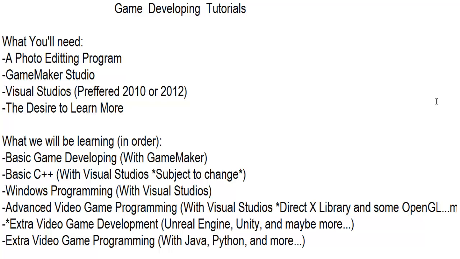With these game development tutorials, first, you're going to need a photo editing program. If you don't want to pay any money, or you don't know how to get things for free, then I would recommend GIMP. I'll put that in the description, and it's a very good program. It's easily alongside Photoshop or something like that, or you could use Paint.